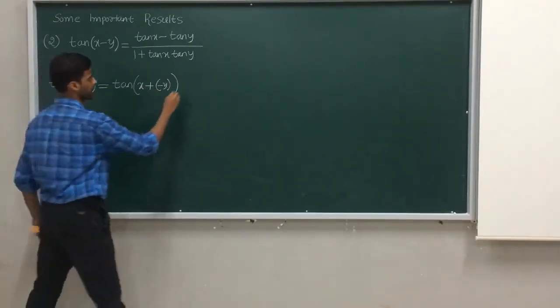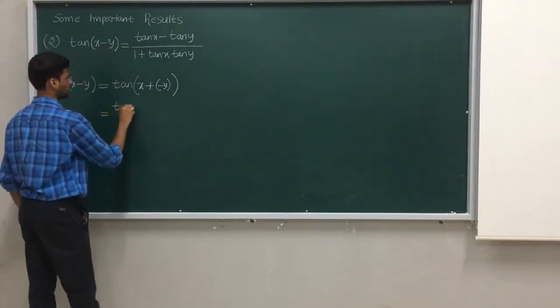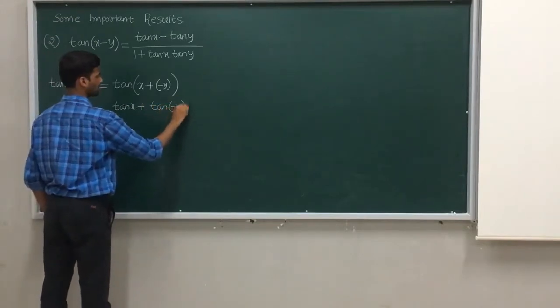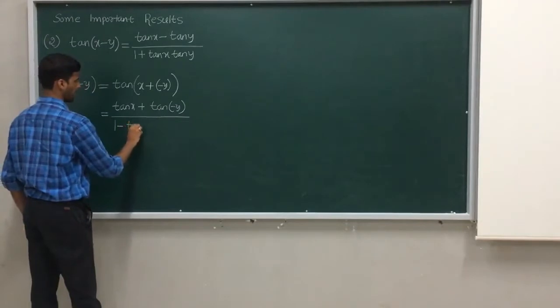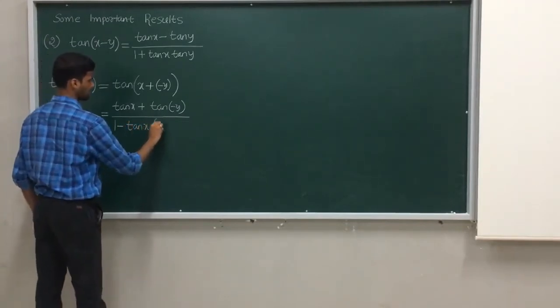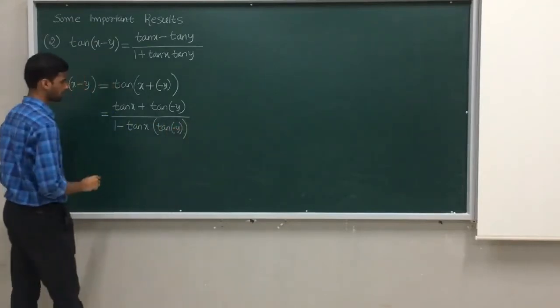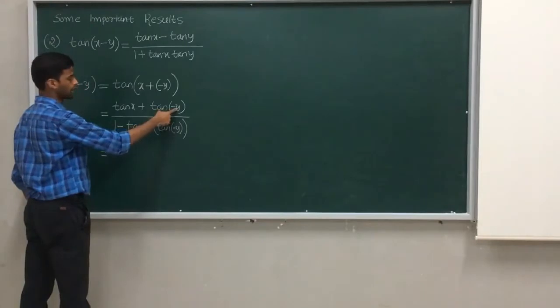It is given by tan x plus tan y, but in place of y you have minus y, divided by 1 minus tan x into tan y. We all know that tan of minus theta is minus tan theta.